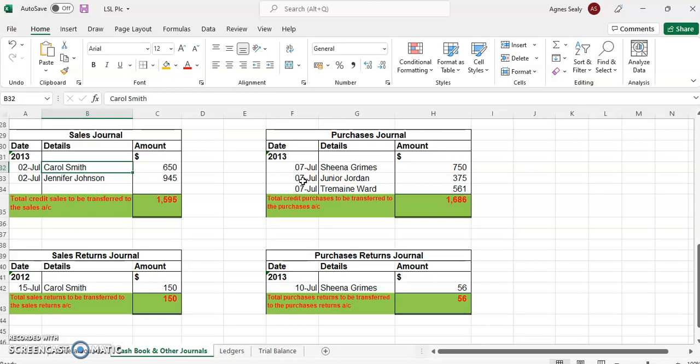The same way that we have 4 accounts dealing with the movement of inventory, we also have 4 journals that deal with the movement of inventory in and out of the business. So you have the sales journal, the purchases journal, the sales return journal, and the purchases return journal. And these are dealing with credit sales and credit purchases.